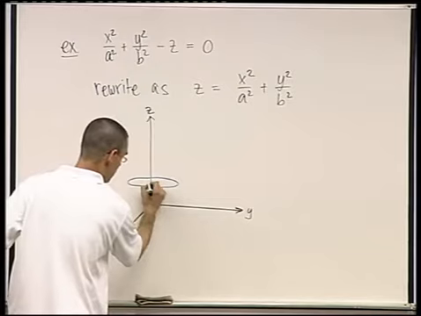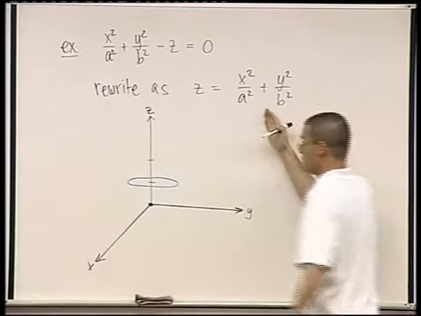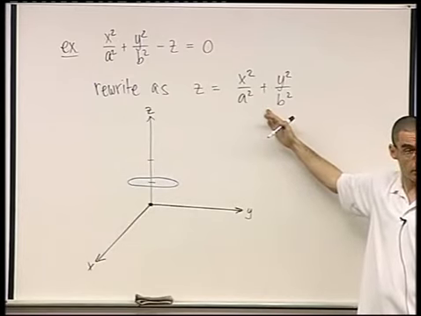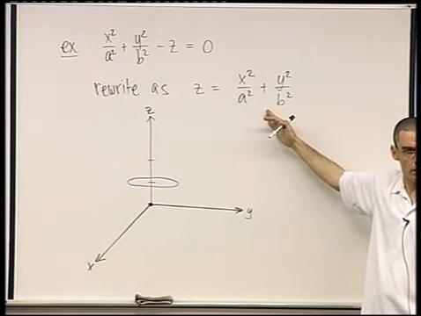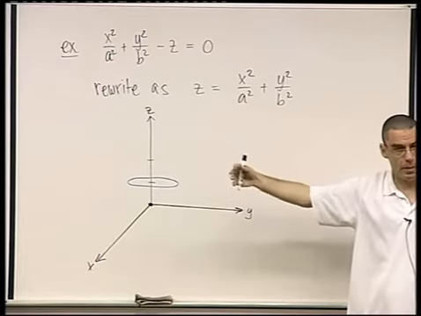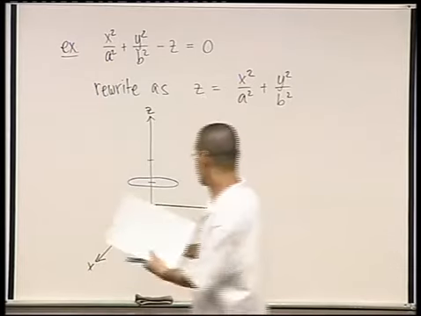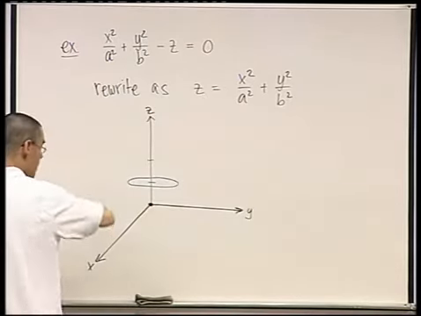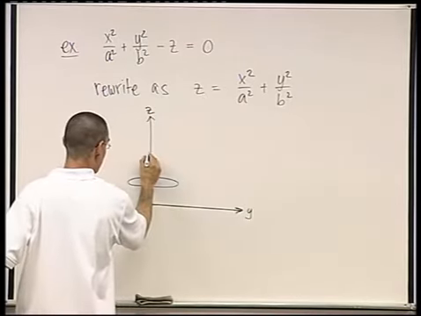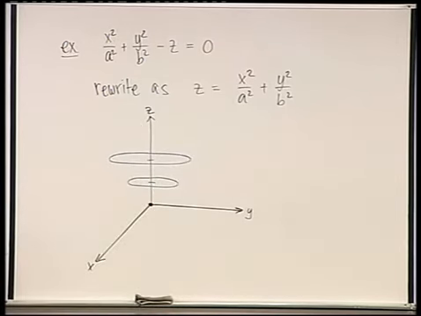Okay. What about when z equals 2? So this was at z equals 1. What about at z equals 2? What shape do you get? It's an ellipse again. Do you agree? Okay, but it's an ellipse with a bigger diameter, right? Because now it equals 2 here. So at z equals 2, I'm again going to get an ellipse, but this time the ellipse is going to be somewhat bigger.